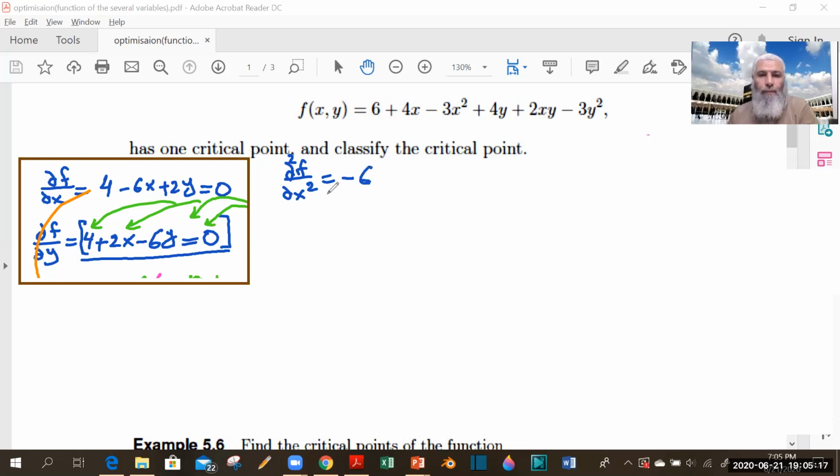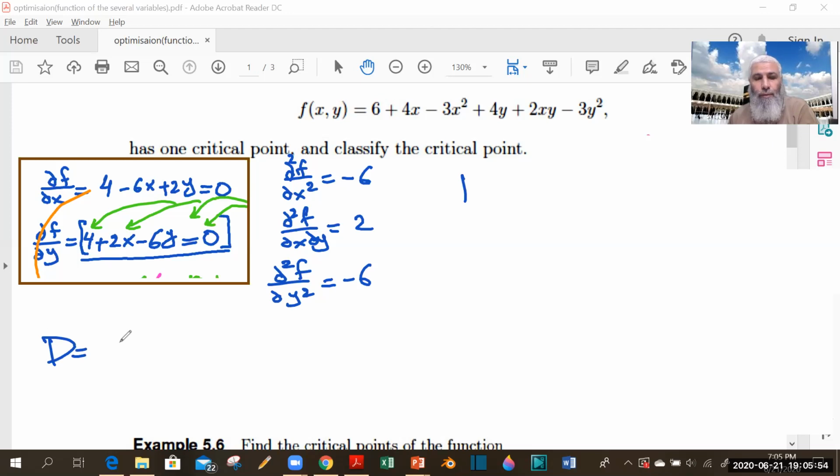And d2f/dx dy, from here with respect to y, is positive 2. And from here, d2f/dy squared will be minus 6.